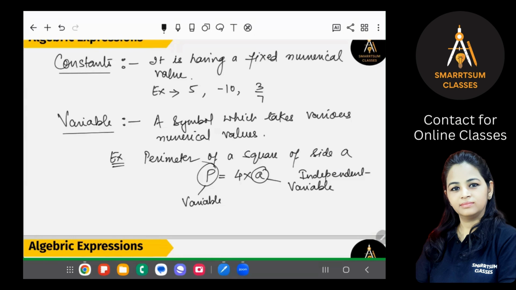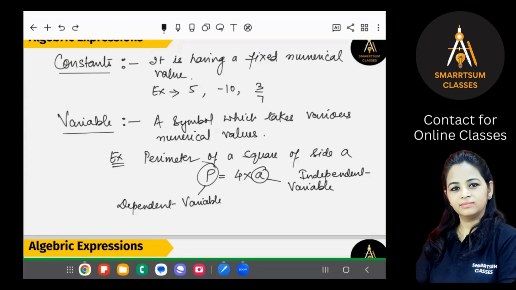But P, the perimeter of the square, is a dependent variable. Why? Because the value of this variable P depends upon A. Yes or no? If A is changing, P will also change in the same ratio. So here P is a dependent variable, whereas A is an independent variable. It will be different for different sizes of the square.